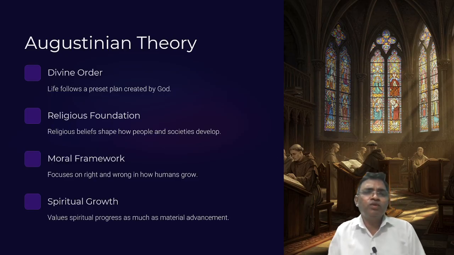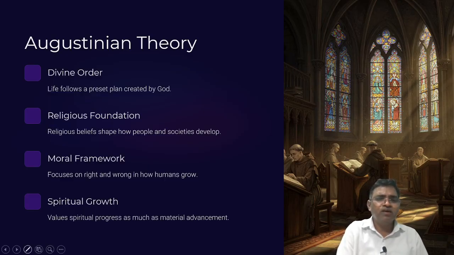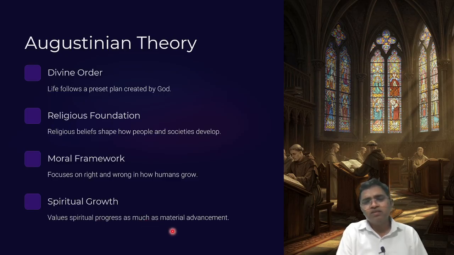Okay, we are going to see the Augustinian theory. This is the theory in the Telugu Academy. Augustine theory says about the spiritual things. Education means spiritual growth, valuing spiritual progress as much as material advance. Moral framework focuses on right and wrong and how humans grow. Religious foundation: religious belief shapes how people and societies develop.